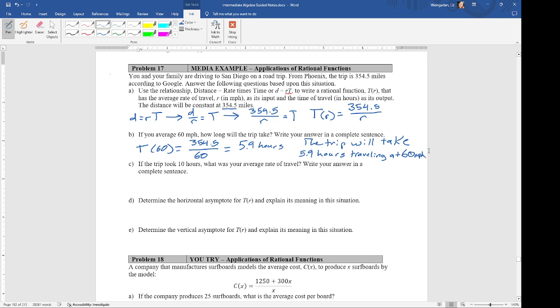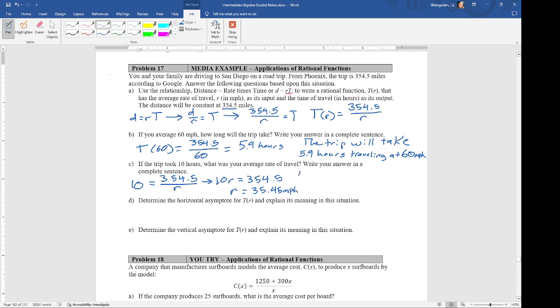If the trip took 10 hours, what's your average rate of travel? So now we're setting this equal to 10. 10 equals 354.5 divided by r. I'll multiply both sides by r, then divide both sides by 10, and we get a rate of 35.45 miles per hour.